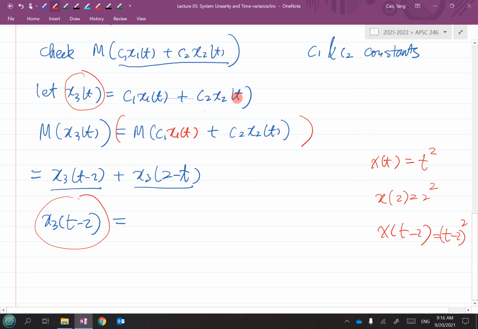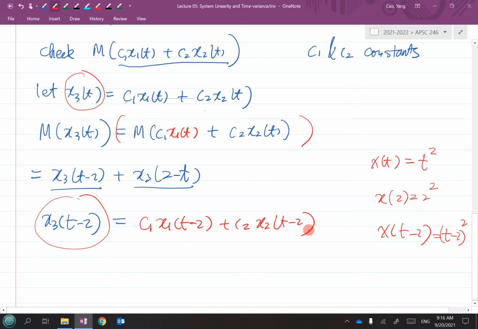So this expression becomes c1 x1 of t minus 2 plus c2 x2 of t minus 2. If you really have an expression given for x1 of t, x2 of t, then you could do the specific replacement like this, right? So this is a very abstract replacement, but it's the same meaning though.